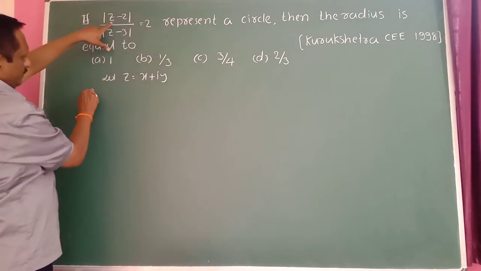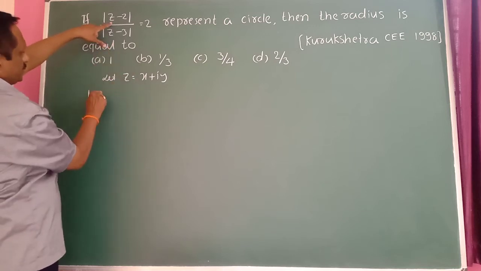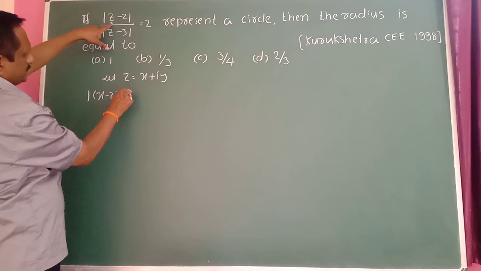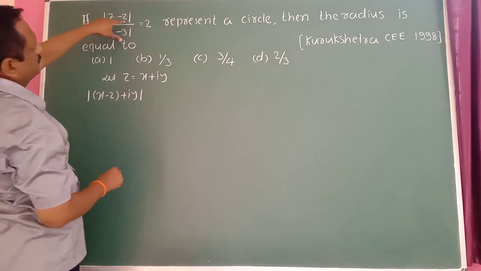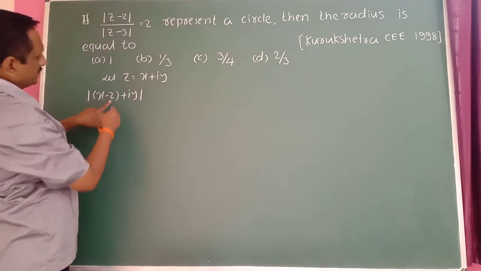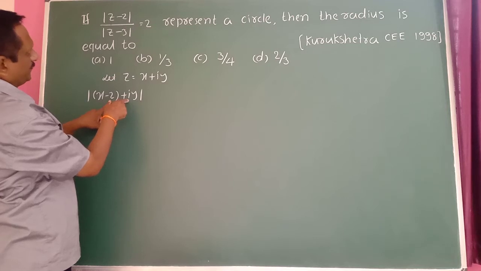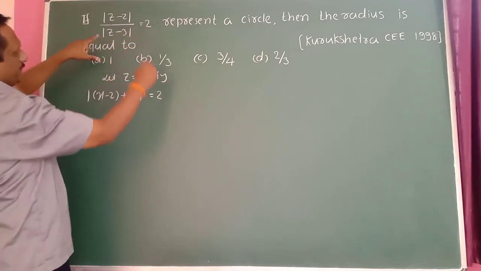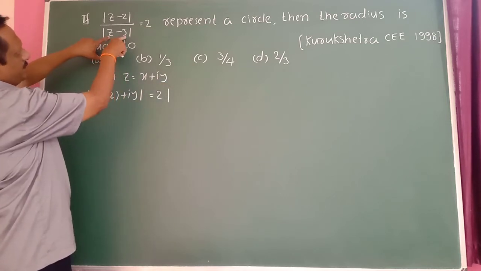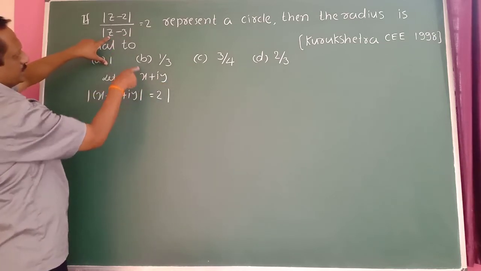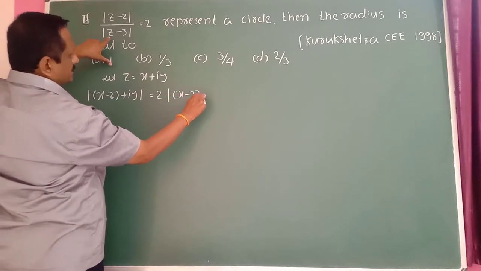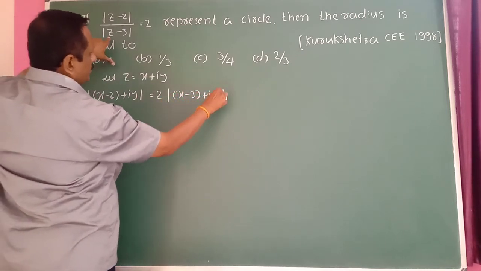So modulus of (x minus 2) plus i into y is equal to 2 into modulus of z minus 3, with z being this one. So write (x minus 3) plus i into y.